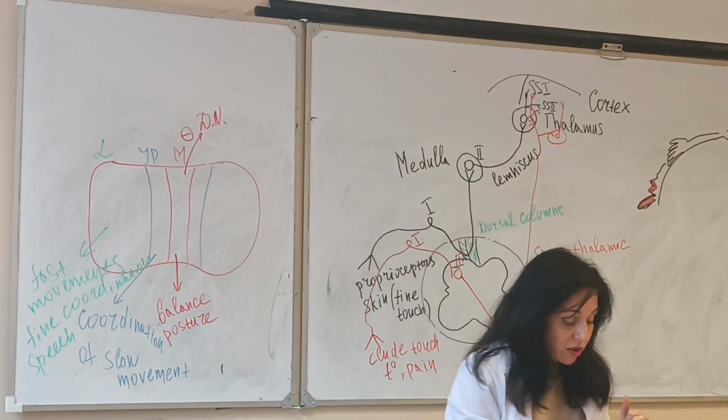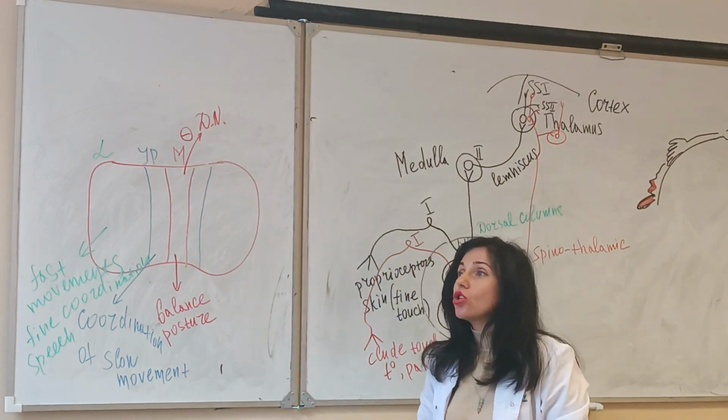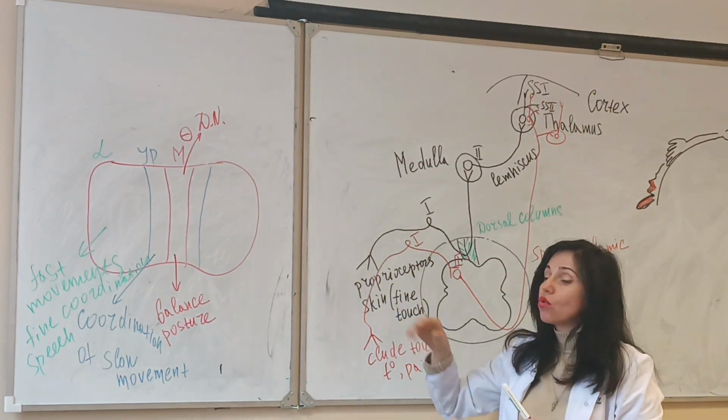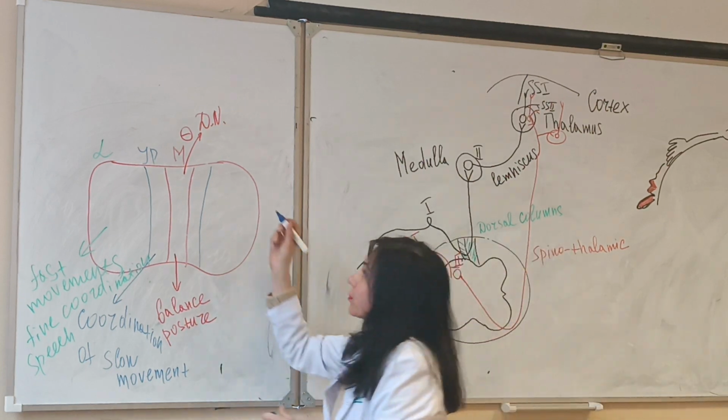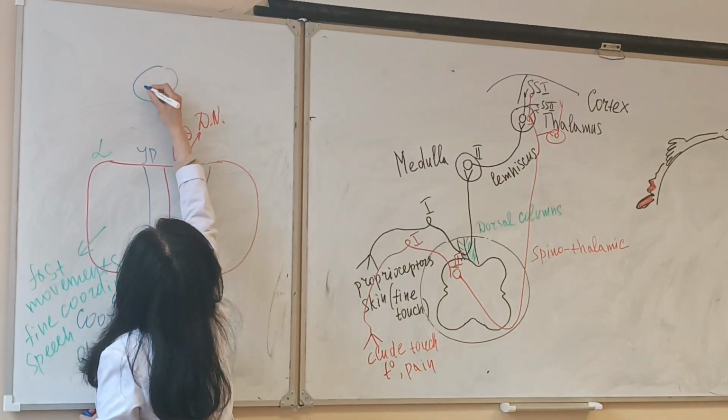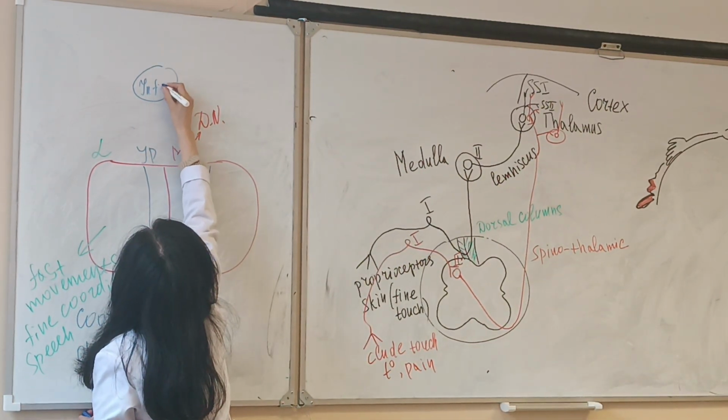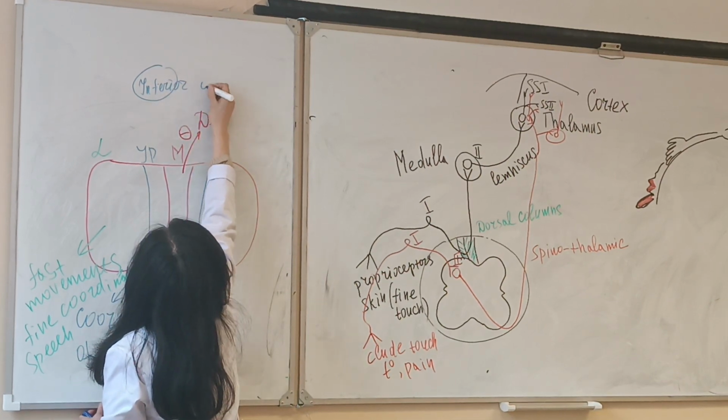What structure, nerve center, controls activity of each zone? Inferior olives. Inferior olives.